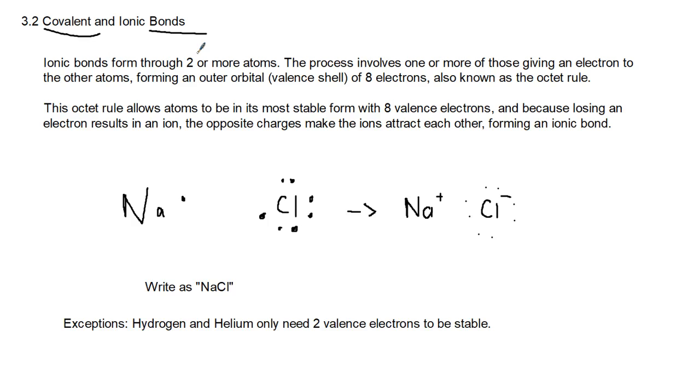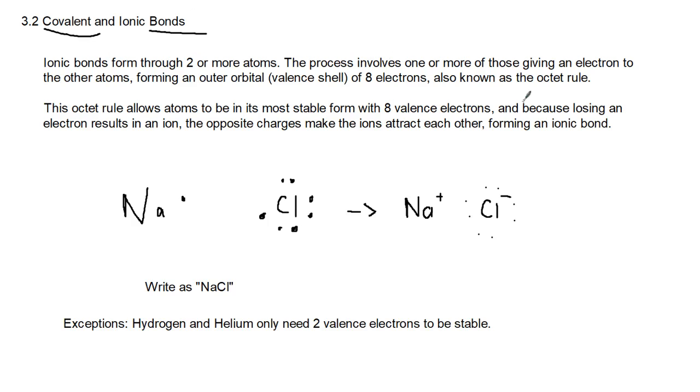Ionic bonds are bonds that form between two or more atoms, where one of them gives an electron to the other atom, because they really want to get rid of the electron, right? Sodium is one of the alkali metals. It really wants to get rid of the electron, so it gives the electron to chlorine, which really wants the electron to be stable.